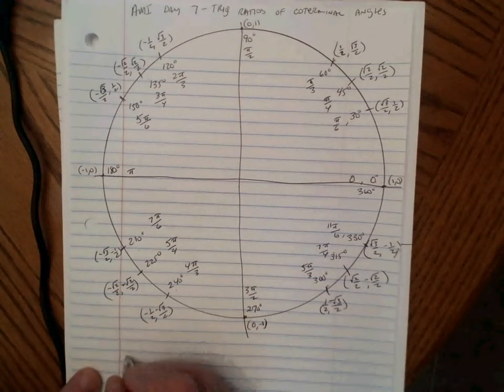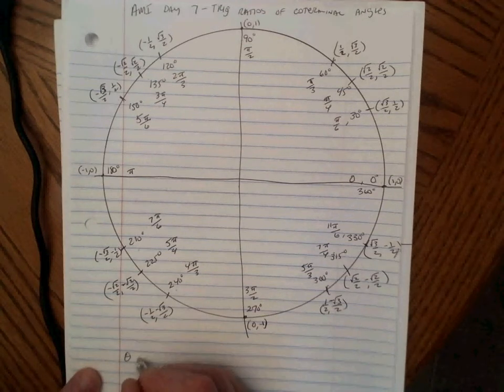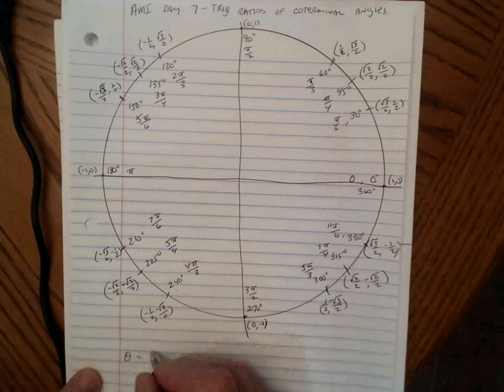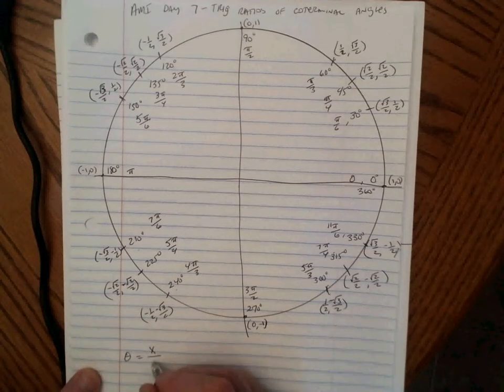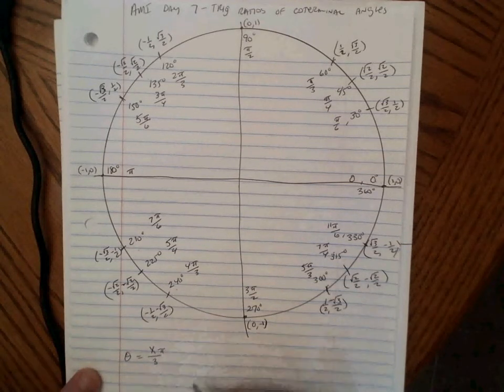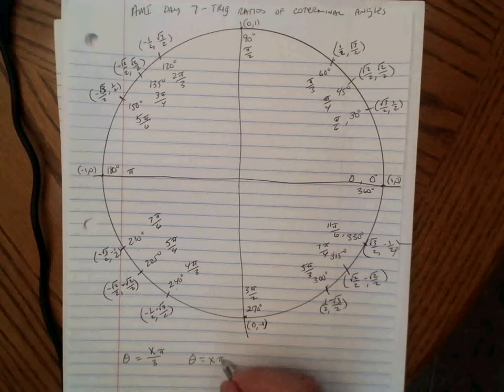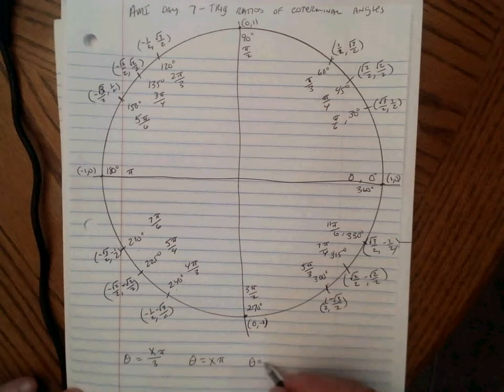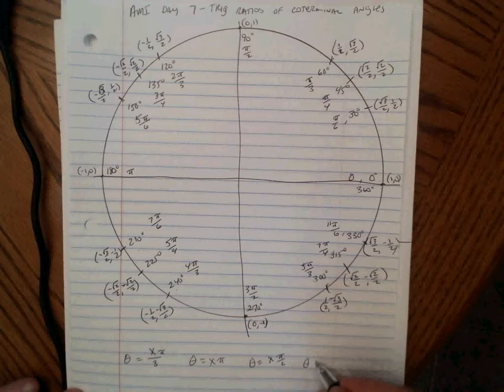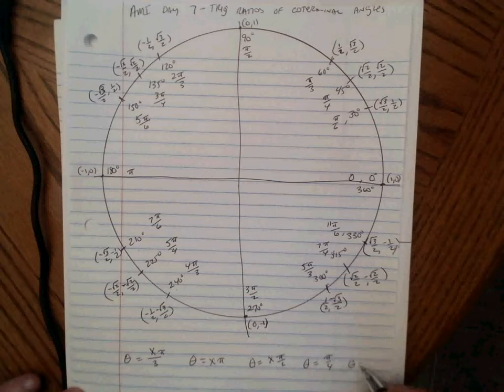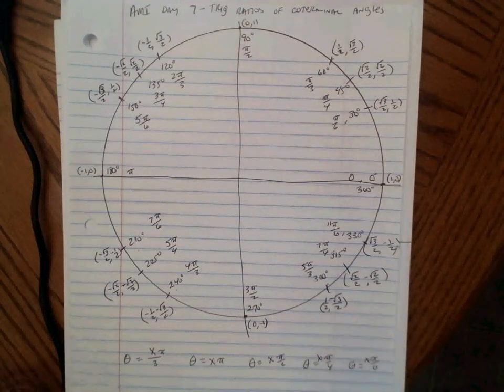Anytime you have an angle with some number times pi over 3, some number times pi, some number times pi over 2, some number times pi over 4, or some number times pi over 6, those angles will be coterminal with an angle on a unit circle.